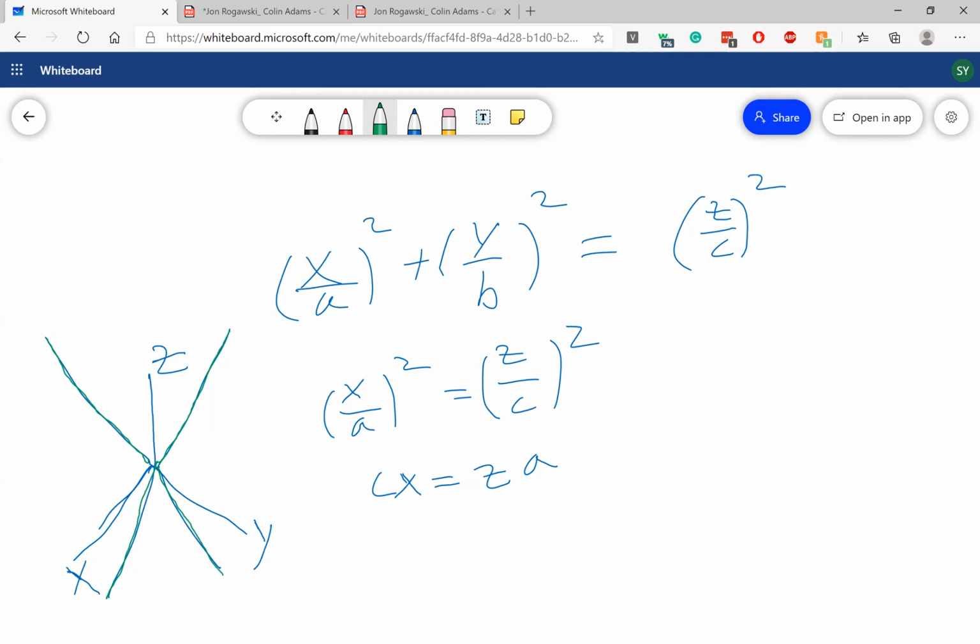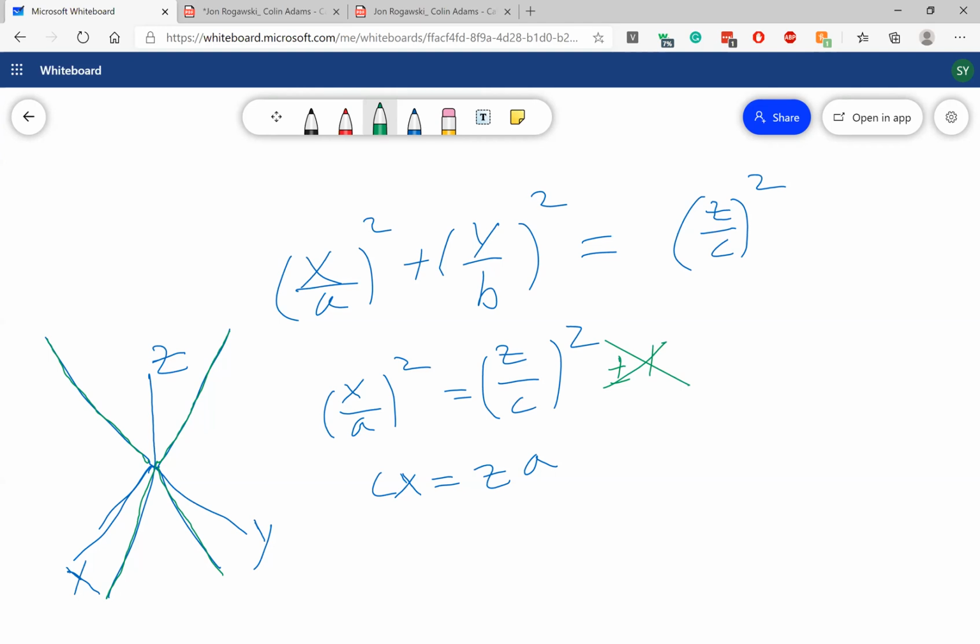Now the same exact thing would happen if we set x to different constants. Again, because there isn't a plus or minus 1 over here. If there were a plus or minus 1, when we take the square root, we would start getting hyperbolas, and then we'd have to deal with that. But now we're just getting lines, which is much simpler.